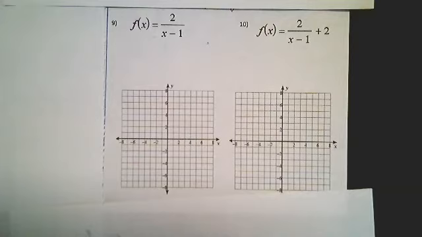You have a vertical asymptote, and there is a horizontal asymptote. The number on the end is the horizontal asymptote right there. That's +2. The vertical asymptote is found by taking the denominator and setting it equal to 0.